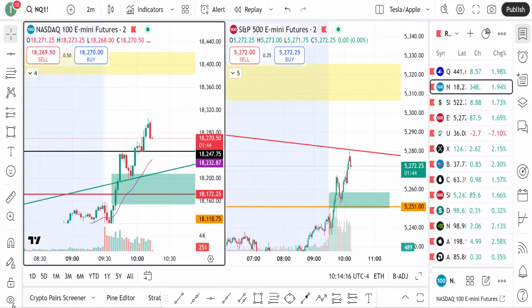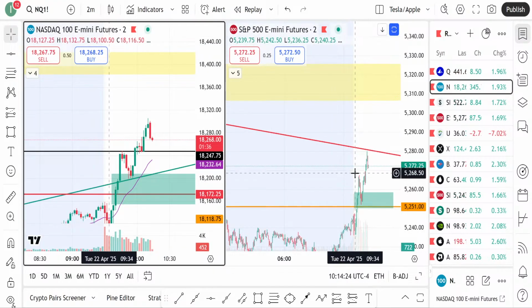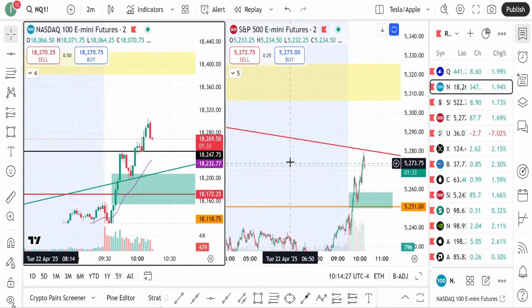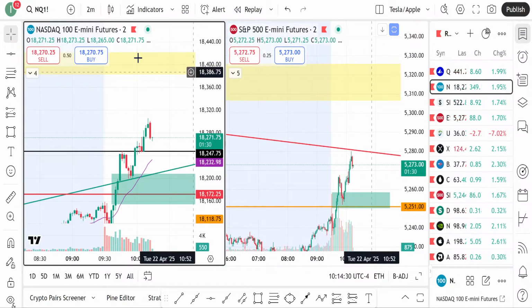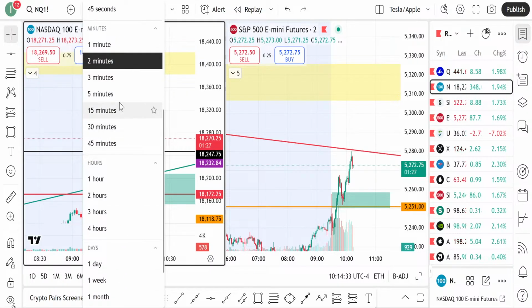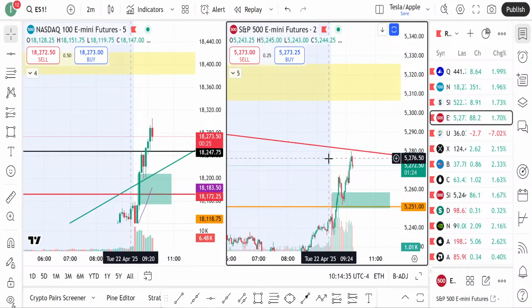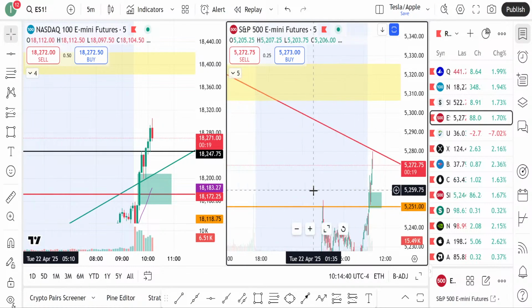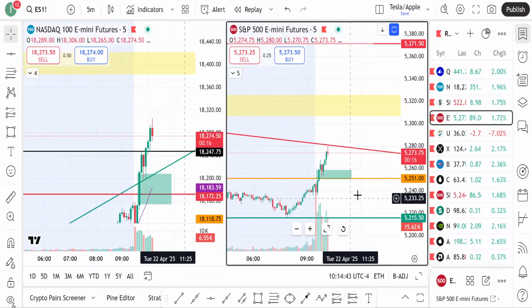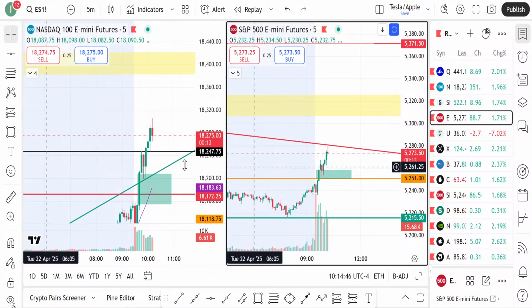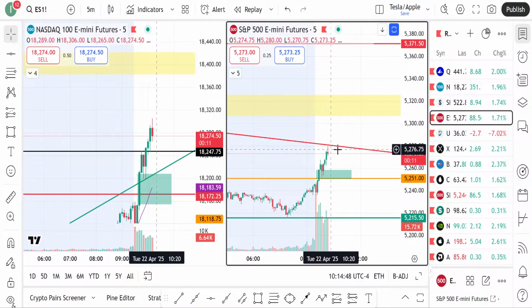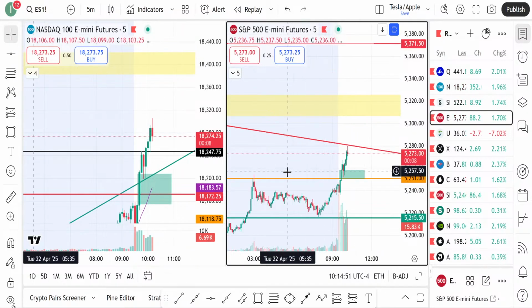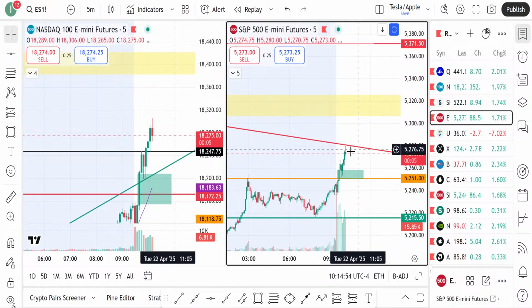Yeah, we're seeing sellers react to this trend line that we marked on the S&P. Gotta watch out here. Sellers are reacting to this resistance.